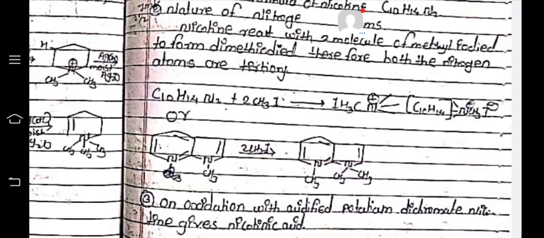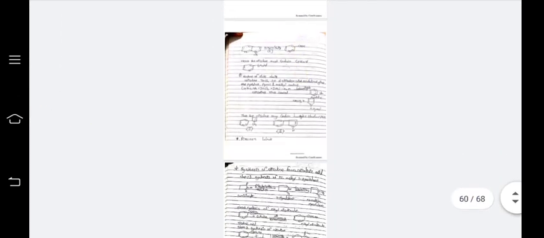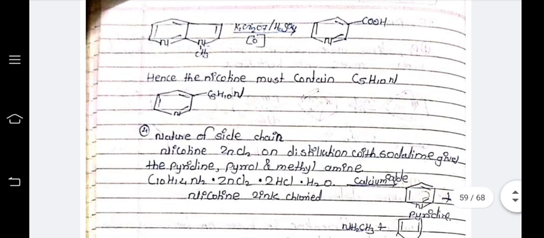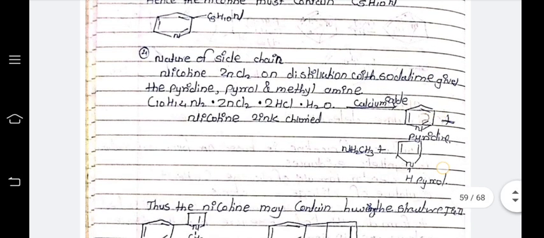Therefore, both nitrogen atoms are tertiary. On oxidation with acidified potassium dichromate, nicotine gives nicotinic acid. The reaction is K2Cr2O7, H2SO4. Hence nicotine must contain the C5H4N group.